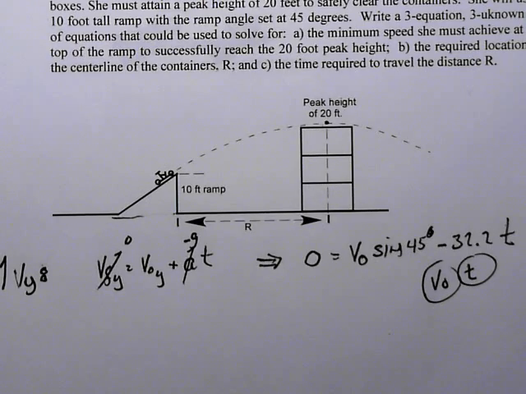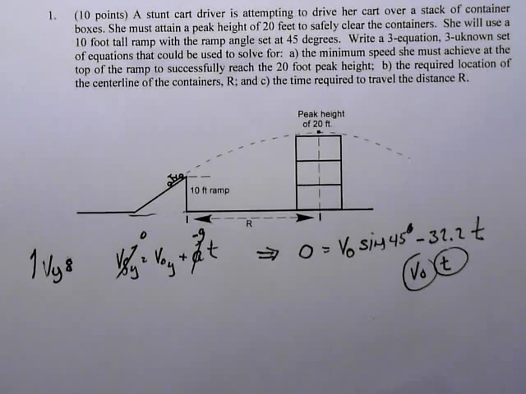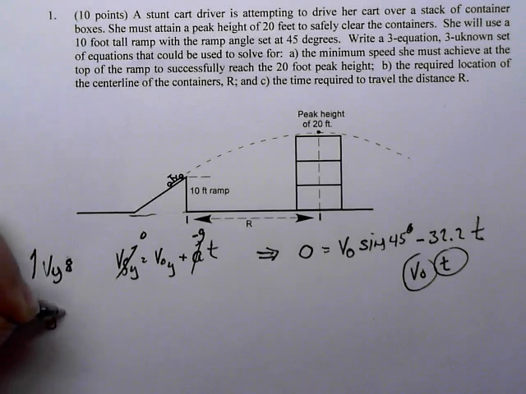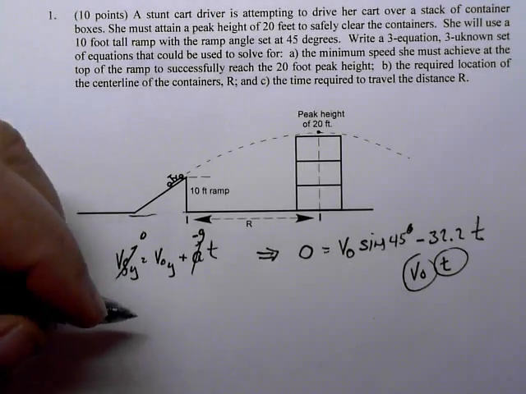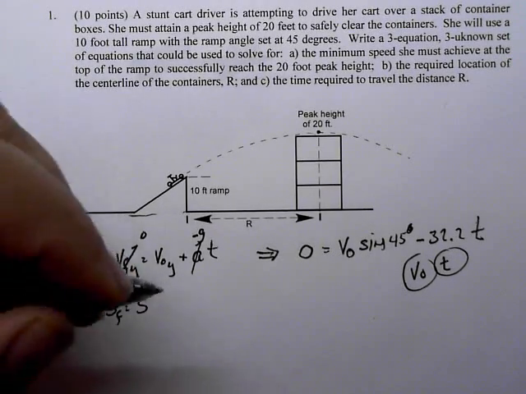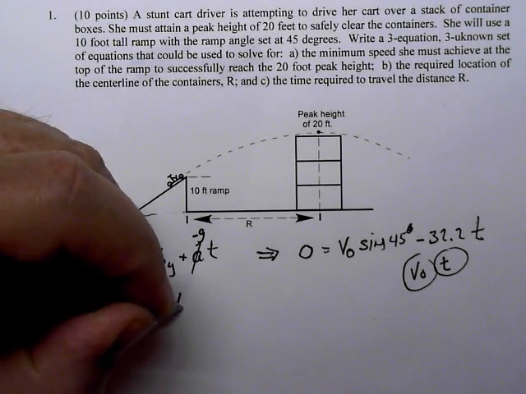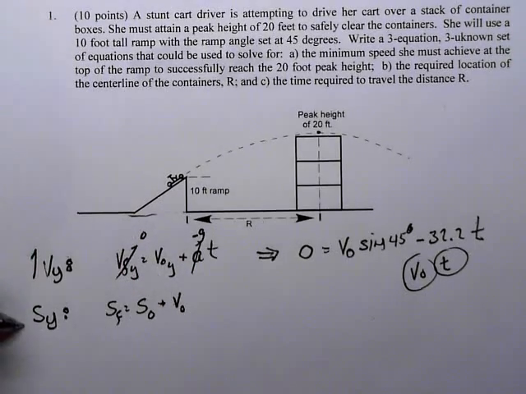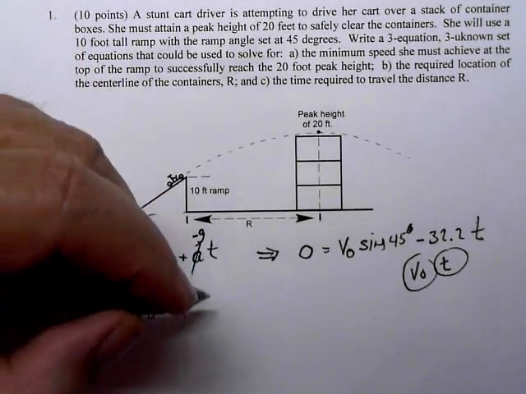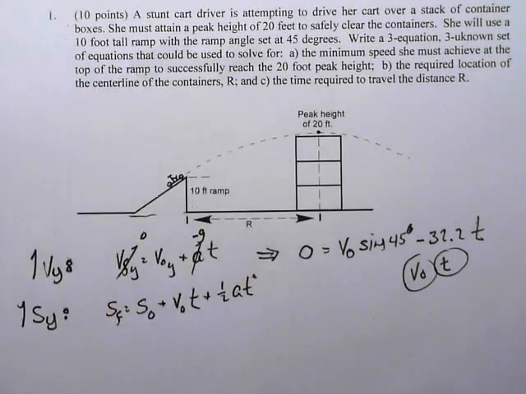Let me zoom out a little bit, give myself just a touch more room to write on this, so that I'm writing large enough for you to read it. Okay, so this would be V in the y direction. Now let's do position in the y direction, and we'll say that S final is equal to S0, the starting position, plus V0y times t plus 1/2 a t squared.